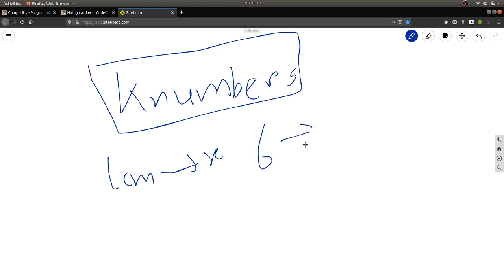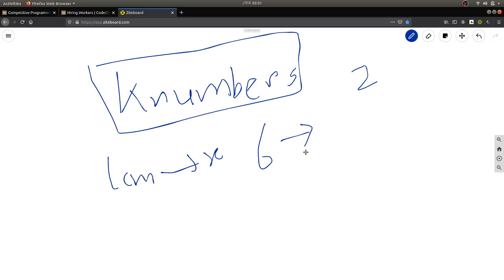K is given as 2, so you have to choose two numbers whose sum is minimum and their LCM is 6. That is the question. It's not the exact question, but if you read the prompt and sum it up in short, it ultimately becomes this question.